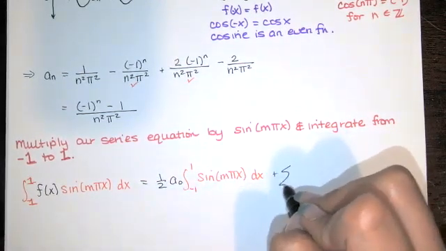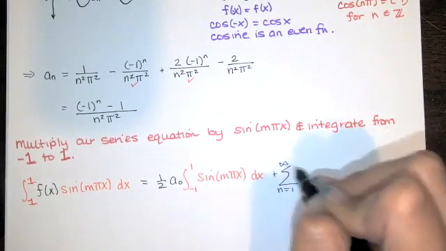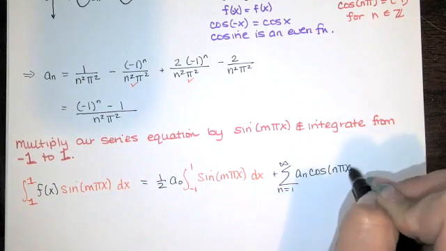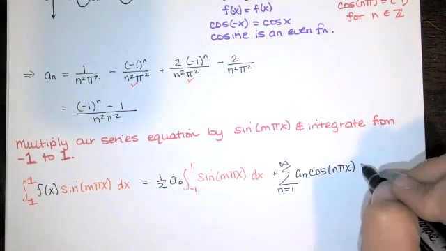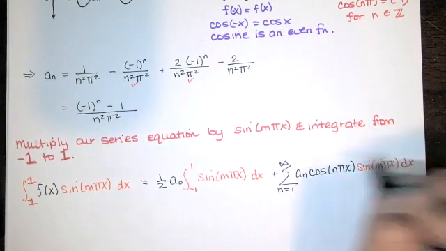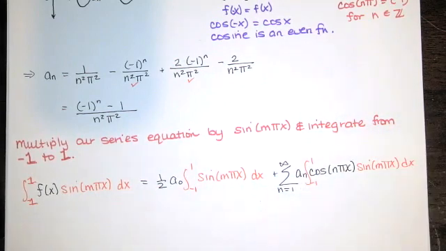And then we'll have the sum as n goes from 1 to infinity of the a sub n times cosine of n pi x. I'll multiply that by sine of m pi x. Integrate from -L to L. You can factor out the constants.